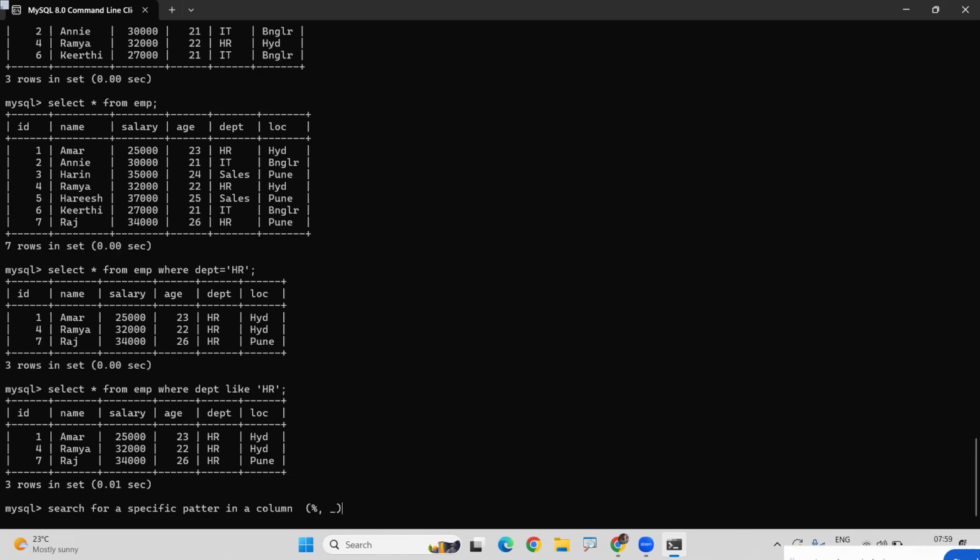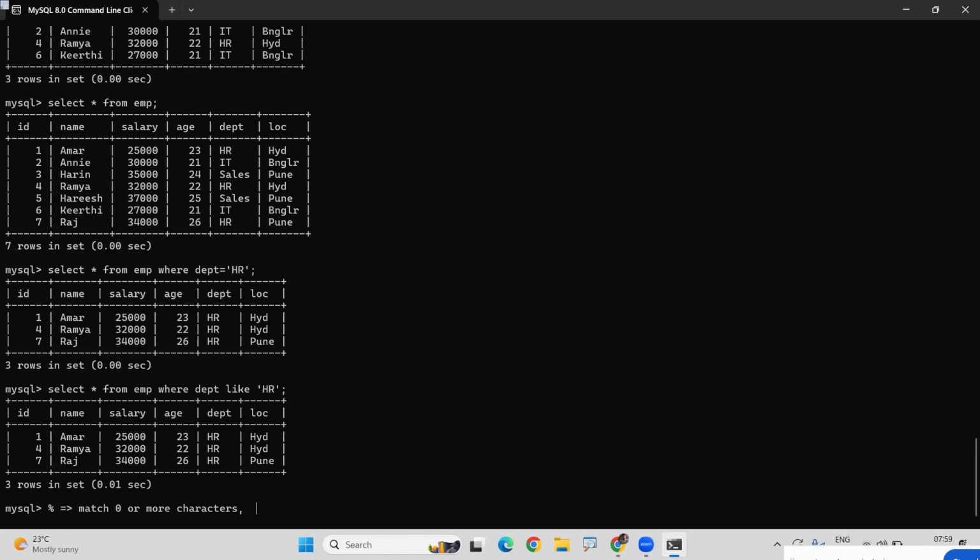So what is the purpose of the percentage as well as the underscore? Percentage means what? Remember, it will match zero or more characters. How many characters are matching? That is any number.